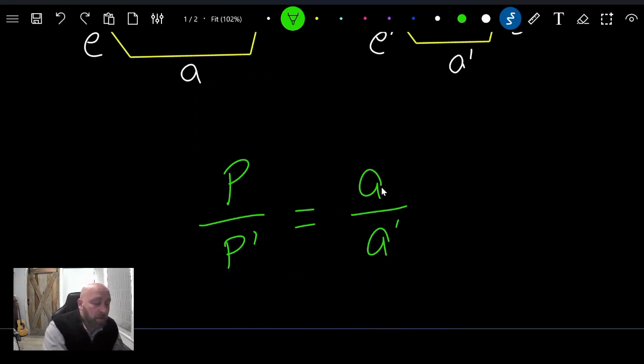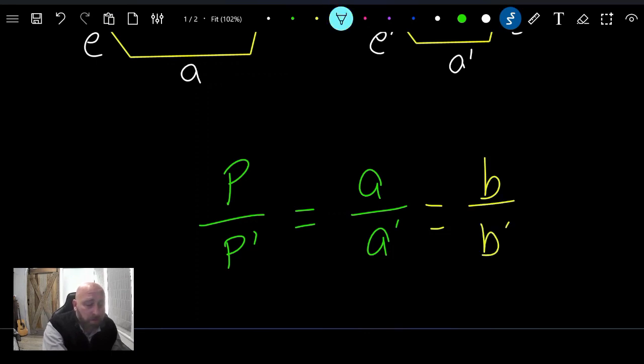This is important. Perimeter over perimeter prime equals side A over side A prime, which also equals side B over side B prime, which also equals side C over side C prime, which also equals however many sides you have. Every single side could be part of this proportion.